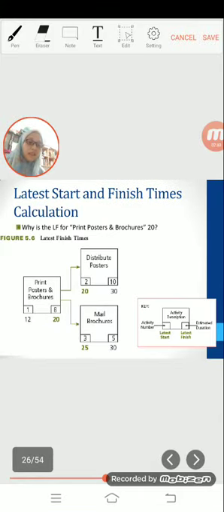Okay, this is a simple example of latest start and finish time calculation.